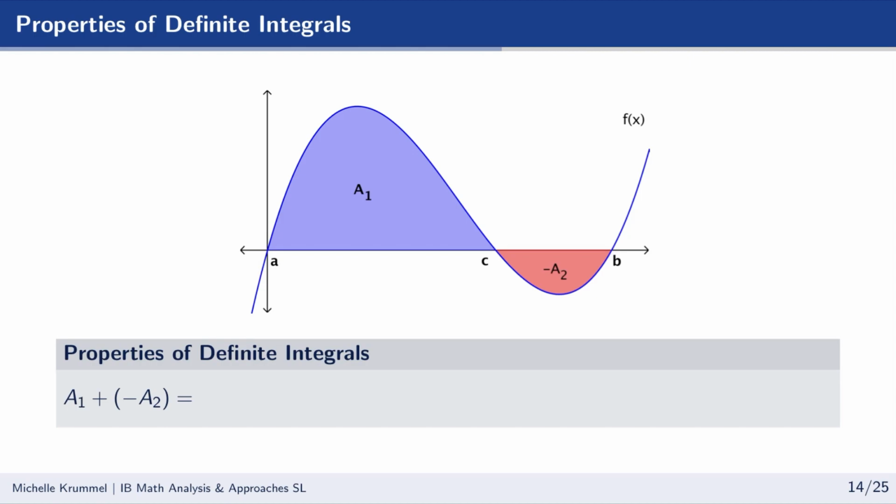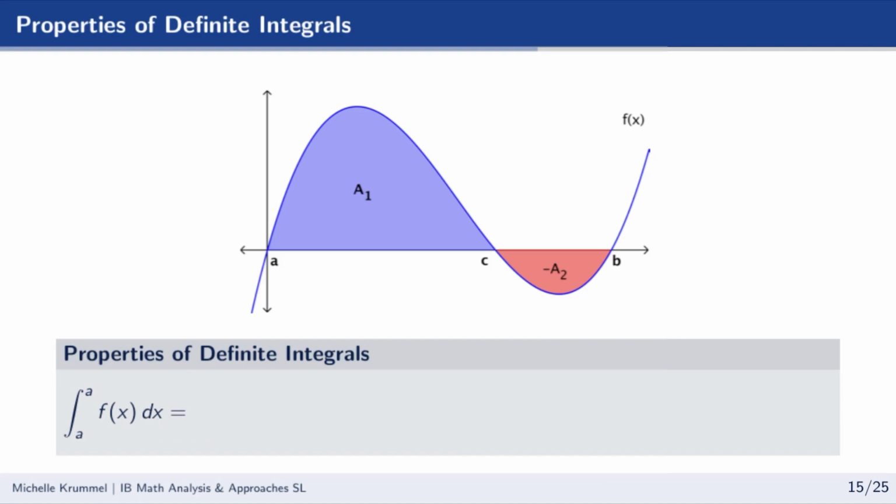And so if we integrate from a to b, and part of the area is above and part of the area is below, what we're actually finding is not the total area, but the net area. So we're going to get a1 plus negative a2. So that is the integral from a to b of our function f of x dx.